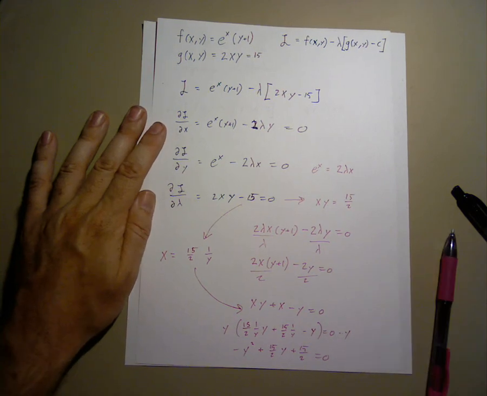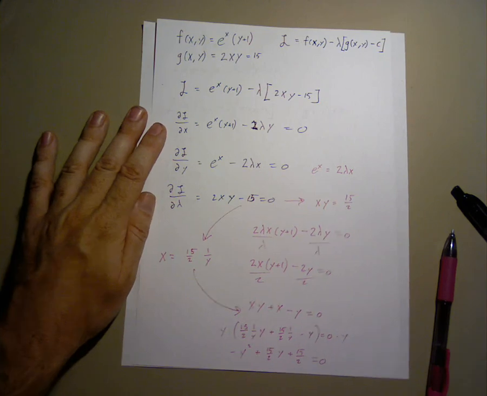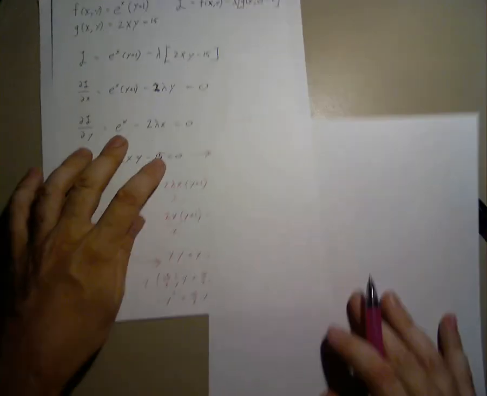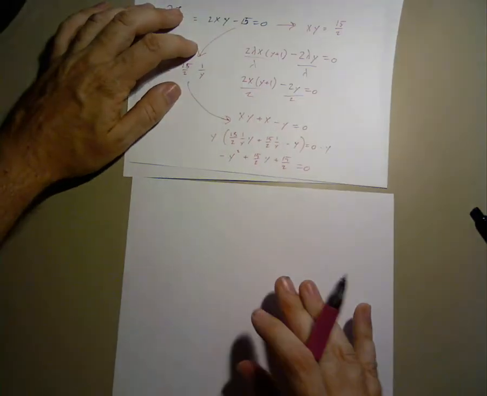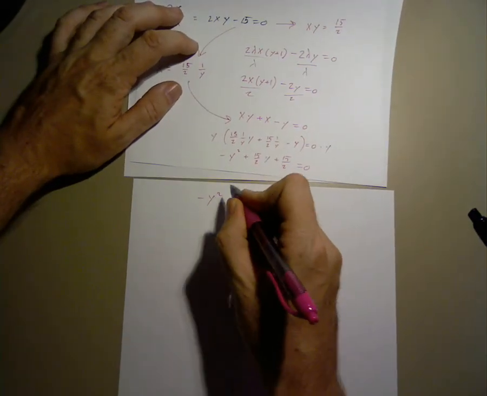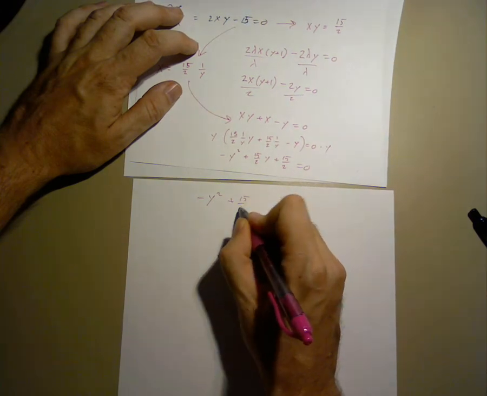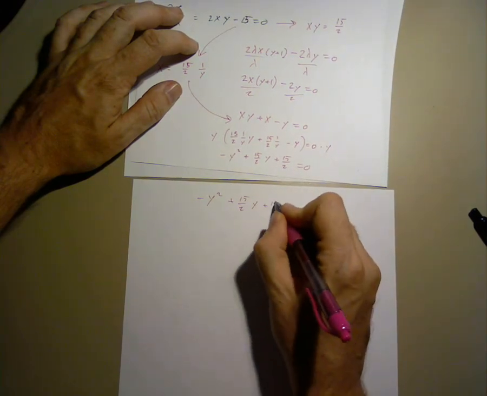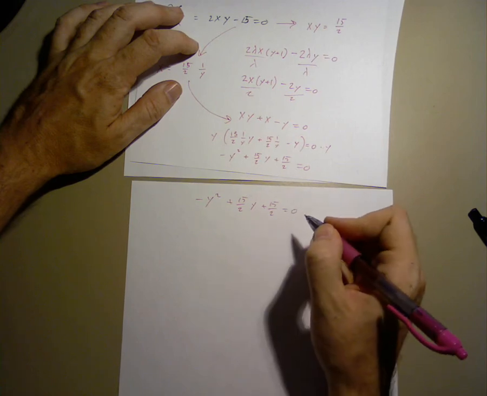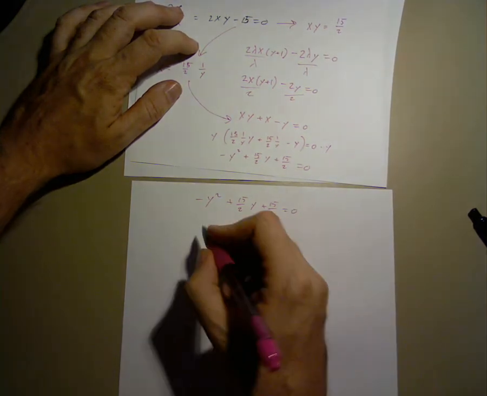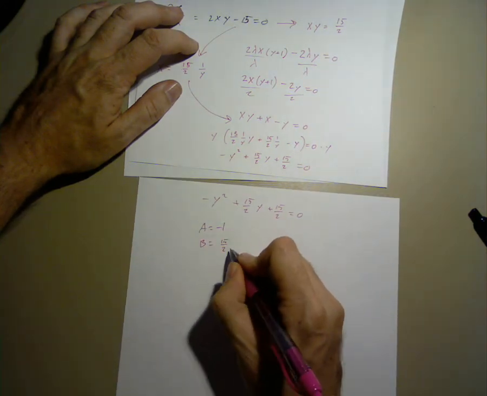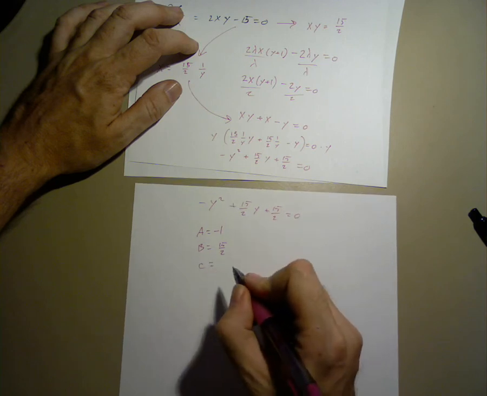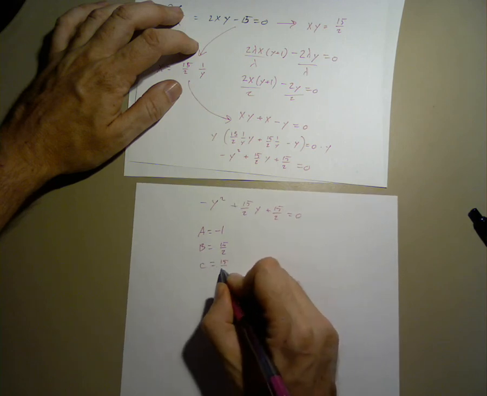In this case, we can write out negative y squared plus 15 over 2 y plus 15 over 2 equals 0. We can set a equals minus 1, b equals 15 over 2, c equals 15 over 2.